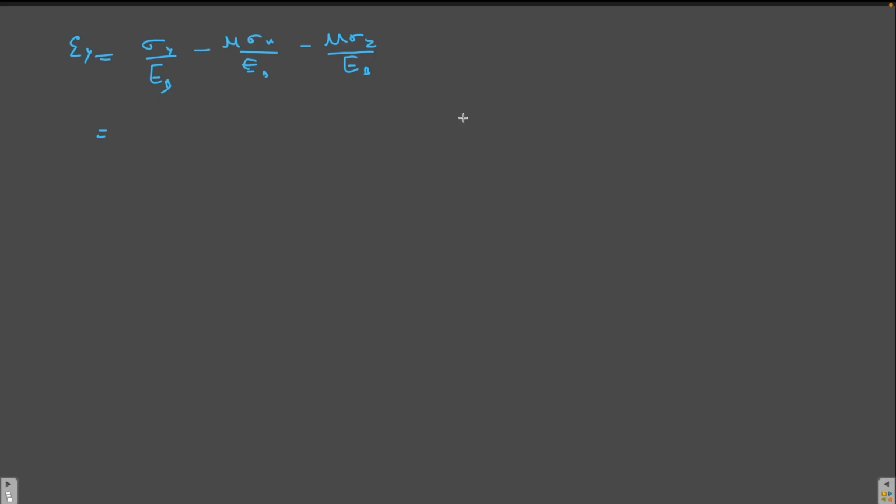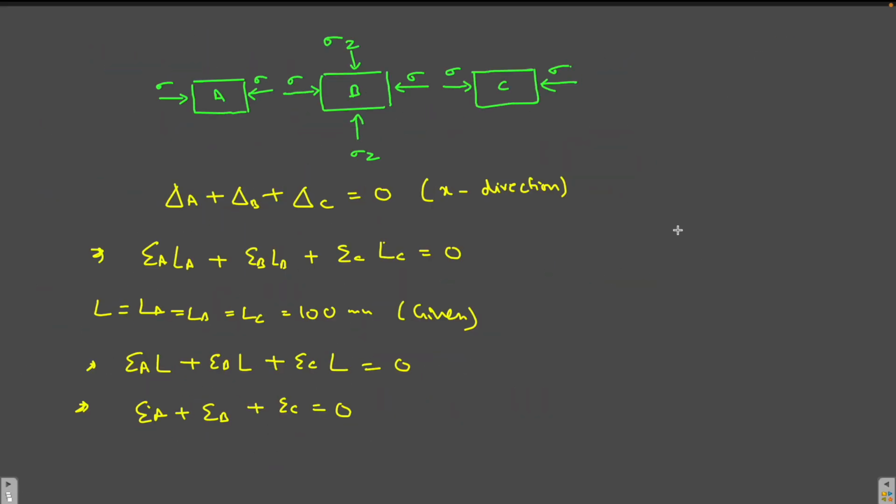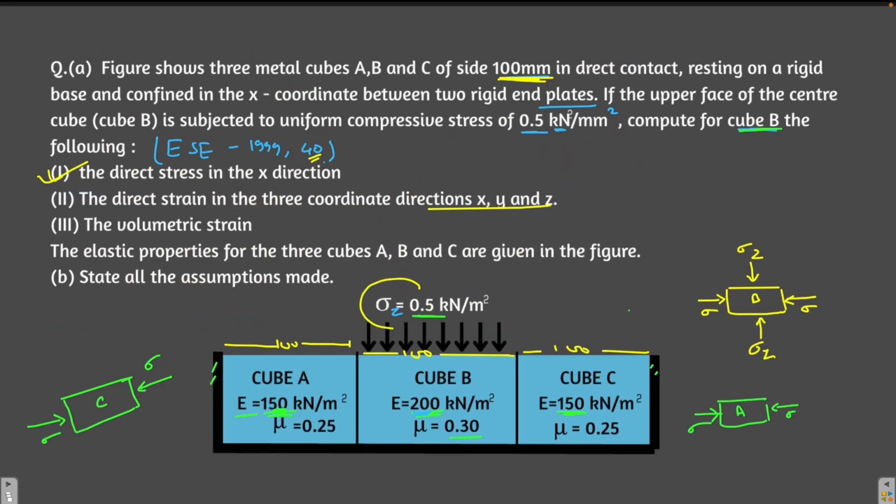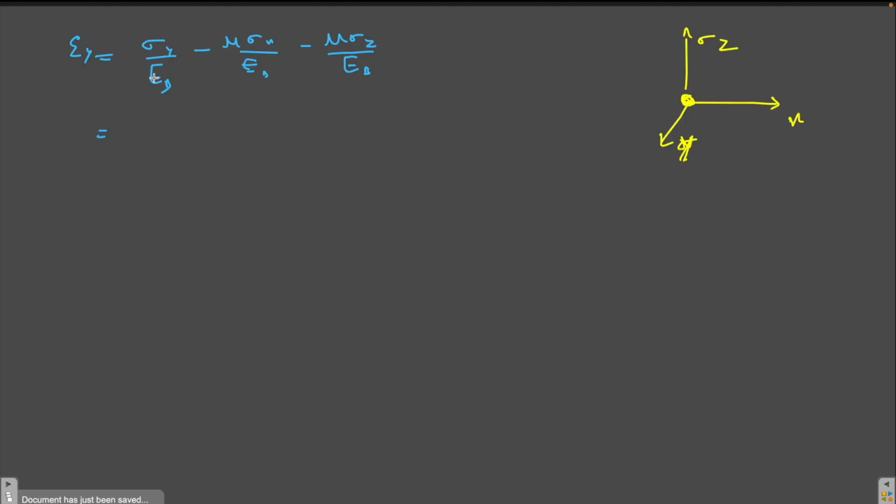Let me write down the coordinate axis which is given in the question. This is sigma z, this is y direction. I am taking it like this because in the question they have given this as sigma z. Sigma y is not given to you, so this will be 0, and it will be minus mu. There will be another minus sign for sigma x because it is compressive in nature, by EB, minus mu.